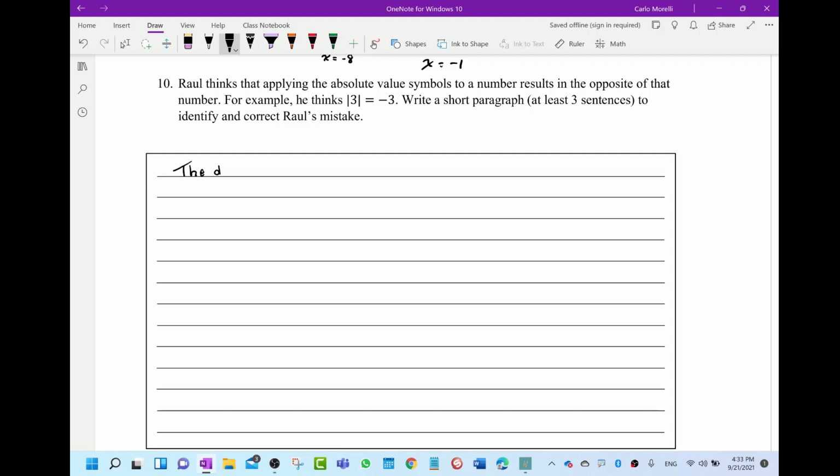The definition of the absolute value function is that all inputs to the function must emerge, or output, as positive values.